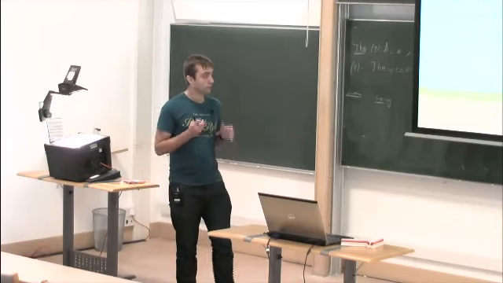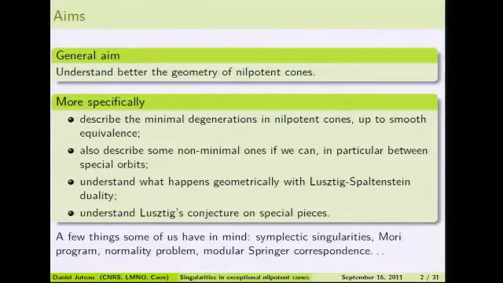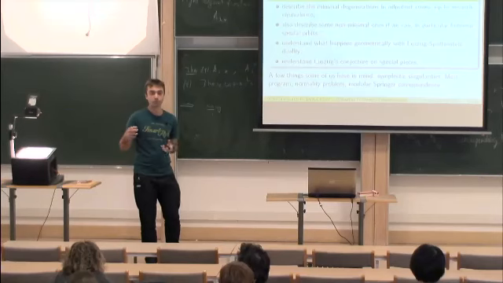And so we have quite different backgrounds. So we are working on the same problem, but we may have different things on the back of our minds. Like, I worked before on the modular Springer correspondence. So these singularities encode information about decomposition numbers of Weyl groups. And so we compare singularities in different nilpotent cones.